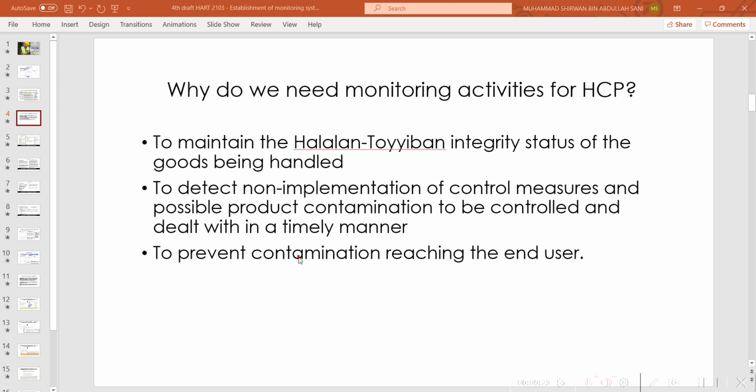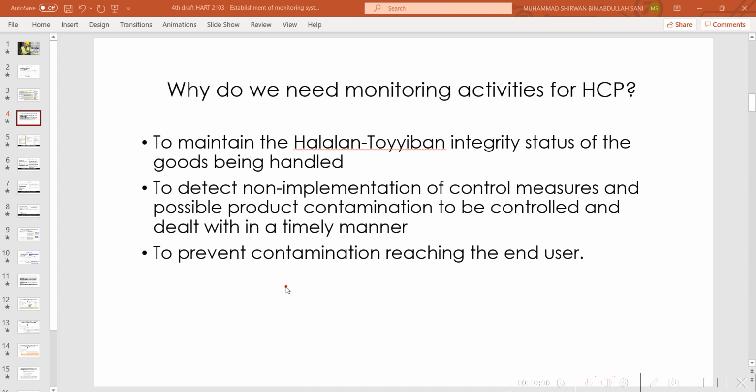And then the third aim why we carry out monitoring activities is to prevent contamination from reaching the end user. For example, when I know that my chiller is having problems, so the temperature is exceeding 4 degrees on the fifth day, that indicates some bacteria have grown, and then if this product is delivered to the consumer or to the user, they might get food poisoning when they consume the products.